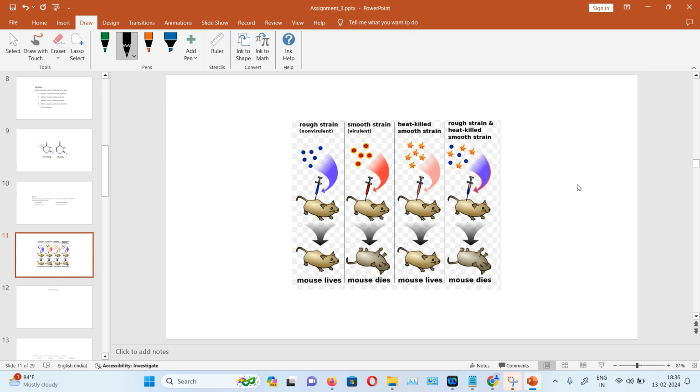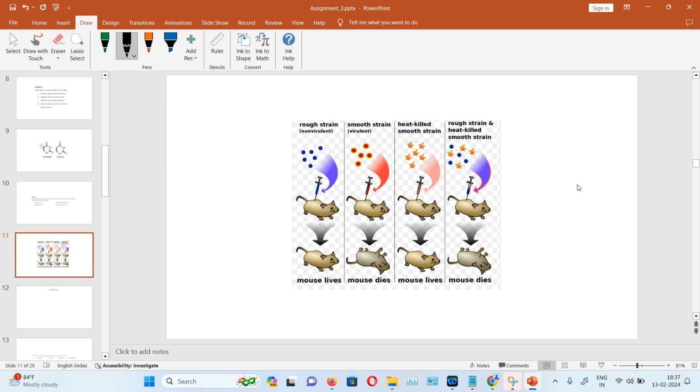And here one more thing we can see is that it is also thermally stable. Later they found that this is the DNA which is getting transferred from one bacteria to another, from the remains of that bacteria to another bacteria.